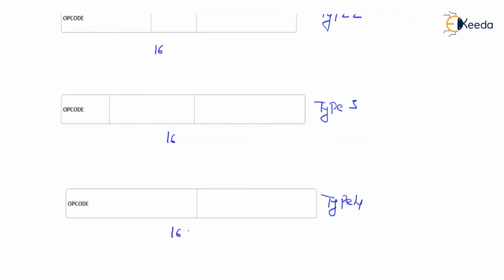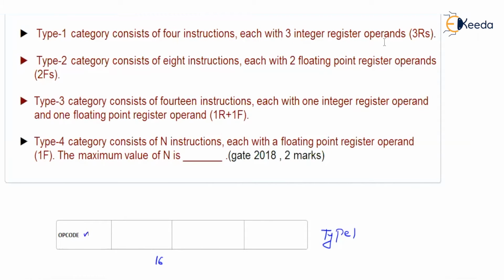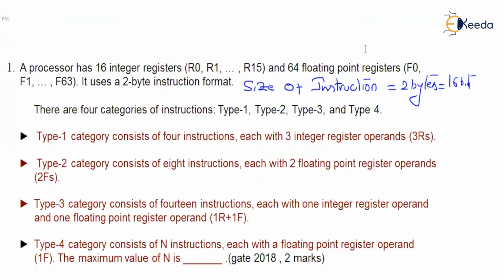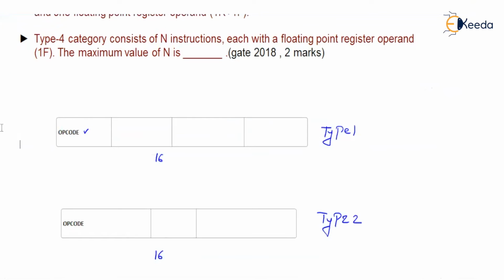Now let us go to the type 1 instruction. In addition to the opcode, I have 3 integer register operands. To find out how many bits are required for each integer register operand, look at the total number of integer registers in the system, which is 16.